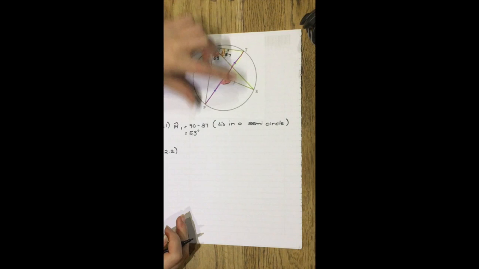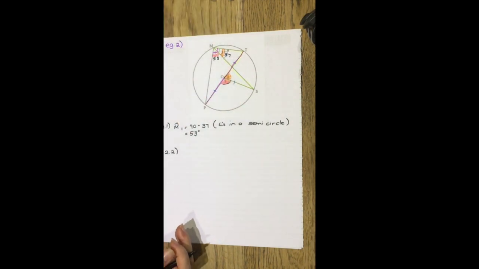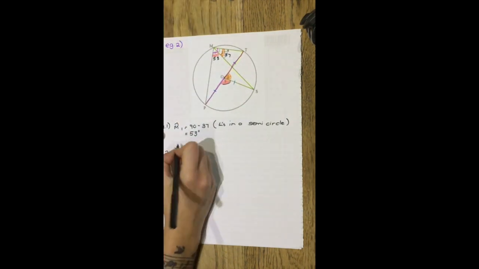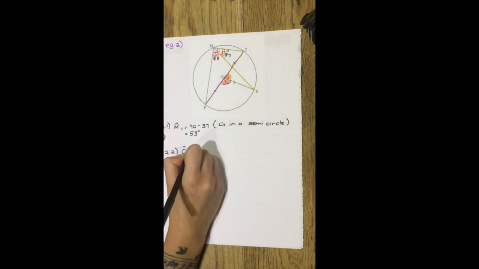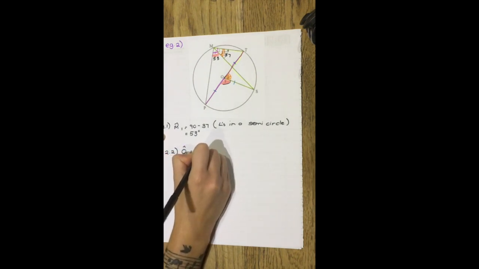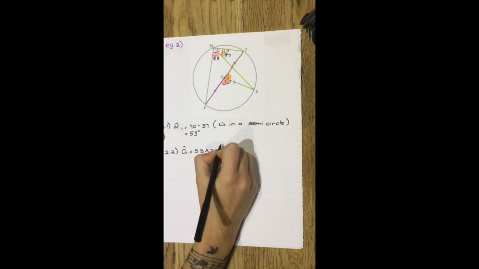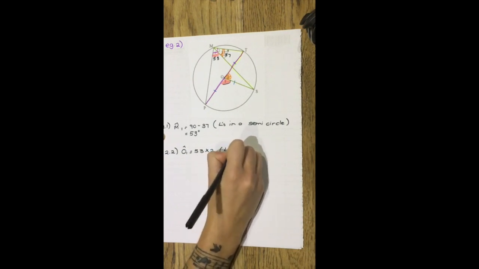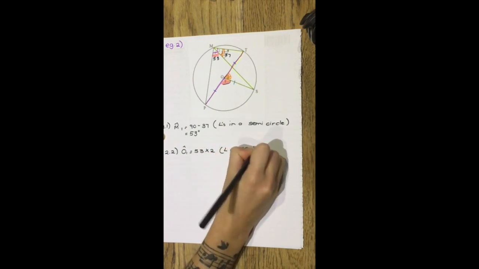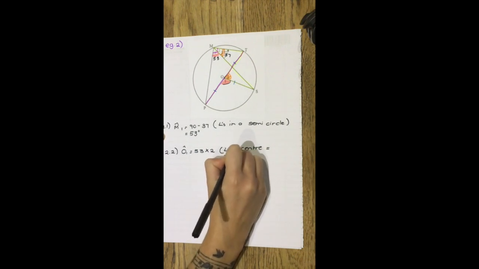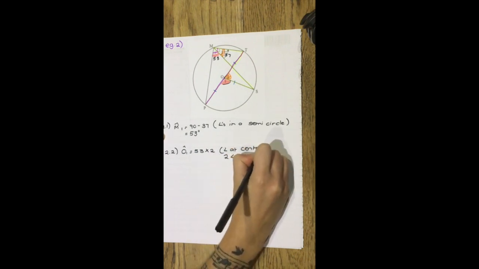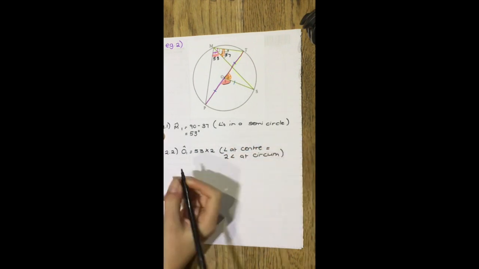They are angle at center is 2 times angle at circumference. So we're going to say angle O1 is equal to 53 multiplied by 2. And your reason is angle at center equals 2 angle at circumference. Are you with me?